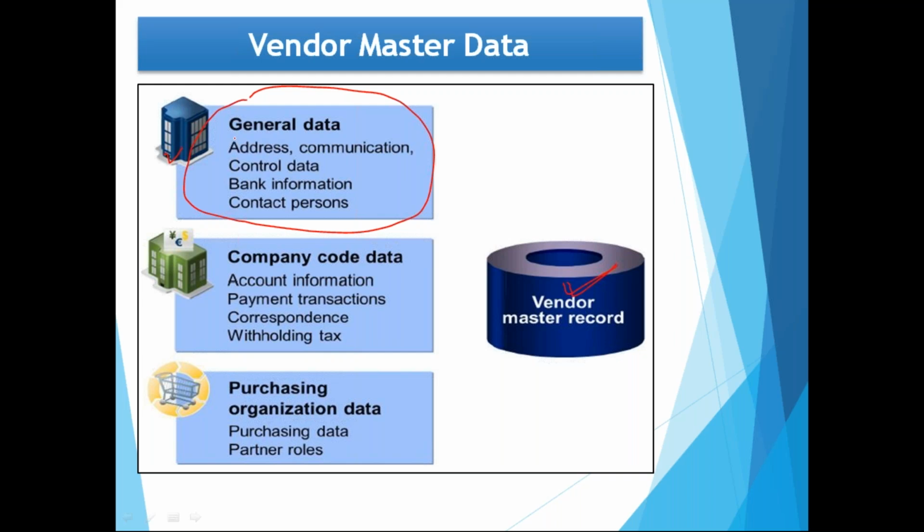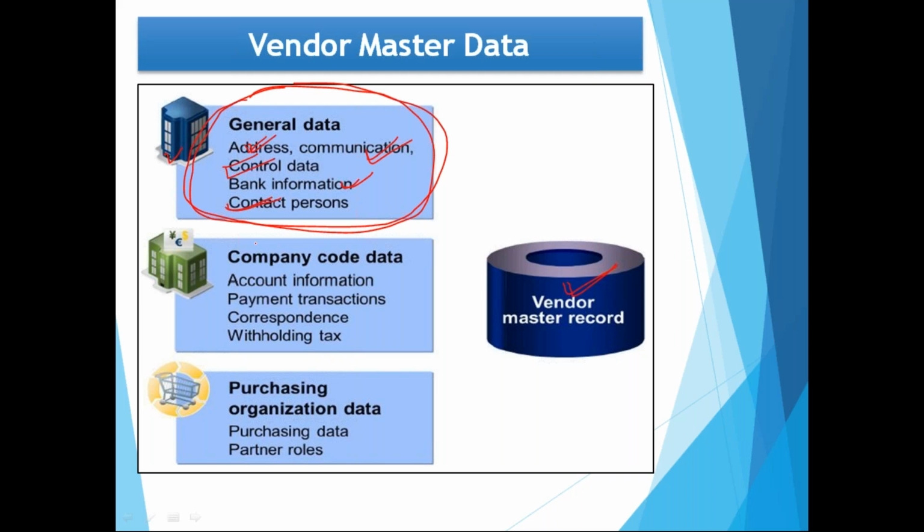In this section you will maintain the vendor address, his communication like phone number, fax, email ID, and some control data. I'll show you this in the system. Bank information like his bank account number, bank key, bank branch, and the contact person in that organization, whom to contact, and his telephone numbers. All those things will be maintained in the general data.